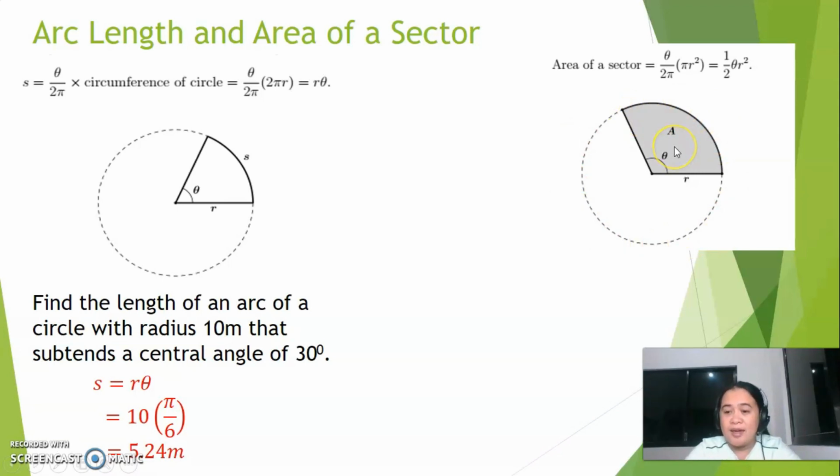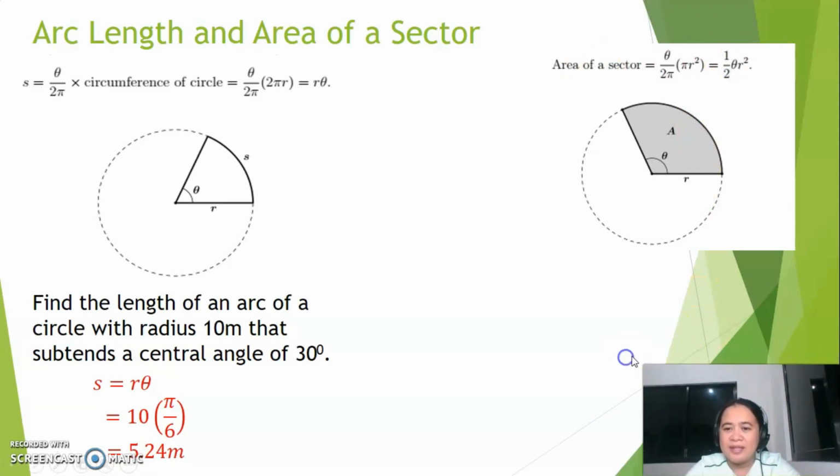And take note, area of a circle is given as pi r squared. So with this, we can cancel pi and pi. Therefore, we will have 1/2 theta r squared. Again, the area of a sector is 1/2 theta r squared.